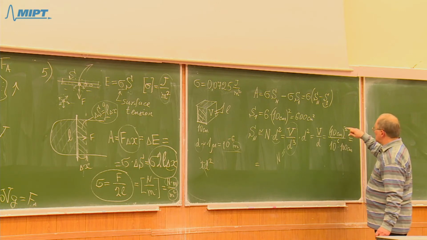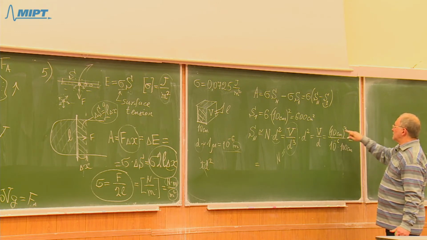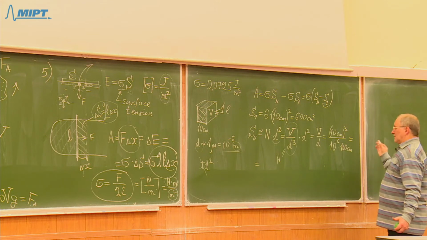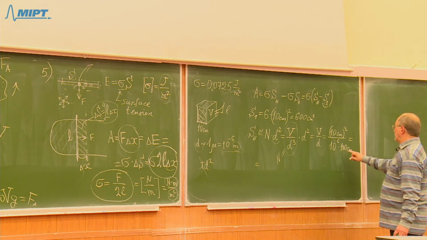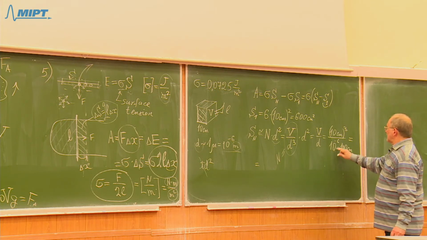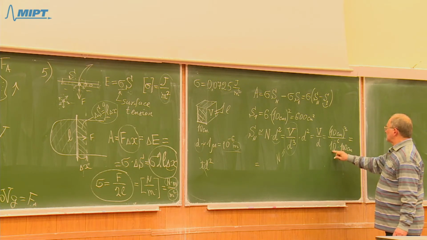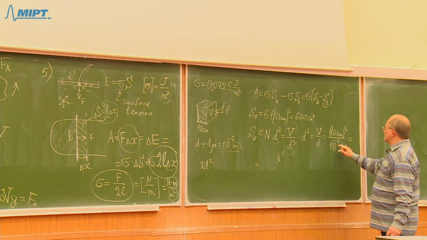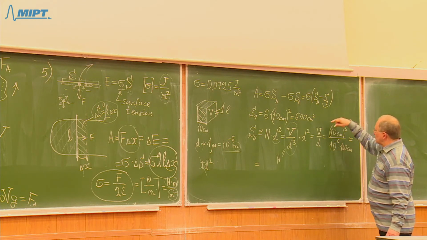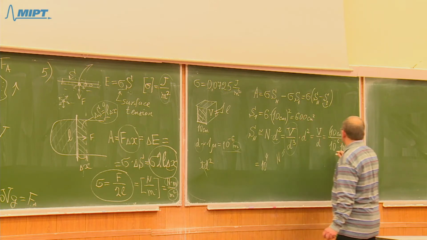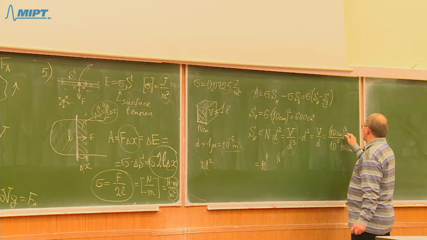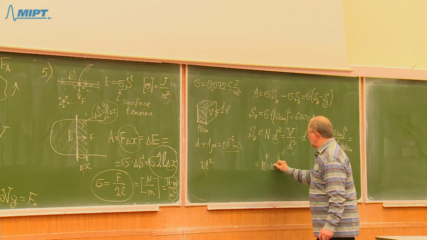Then I will have to convert centimeters here in the denominator into meters. It's the same, not much difference. So 10 to the minus 6 times 100 will be 10 to the minus 4. And then it means that 10 to the power of 4 will be in the denominator, and here will be 10 cube.